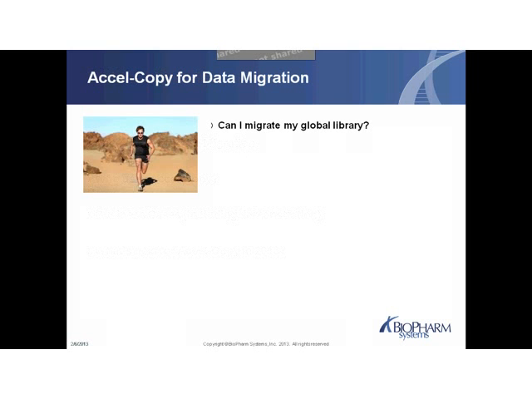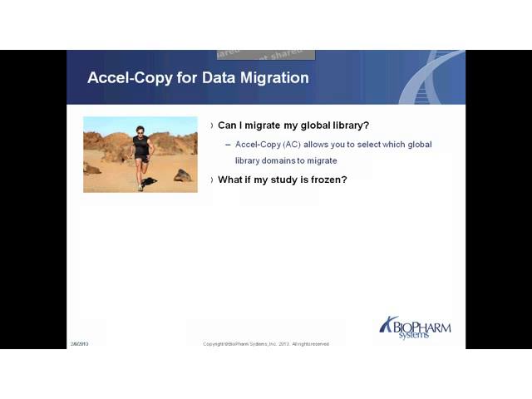And so some of the questions that get asked when we're first approaching a data migration using Accel-Copy is, well, how can I migrate my global library? Well, Accel-Copy allows you to migrate your global library on the basis of domains. This means that if there were certain domains you wanted to bring over and certain domains that perhaps weren't relevant, Accel-Copy can handle that because you can select specifically which domains to bring over.